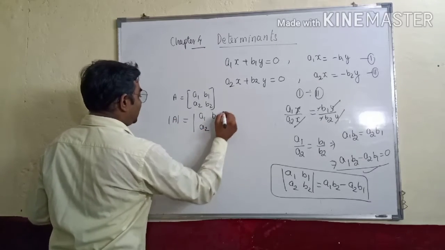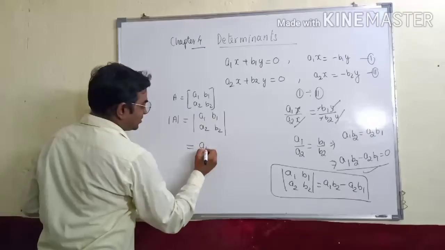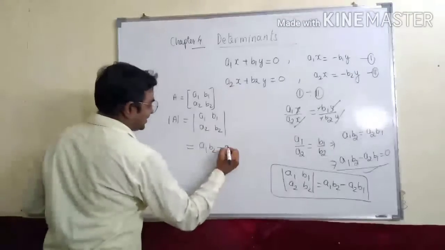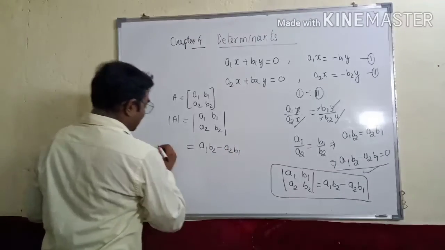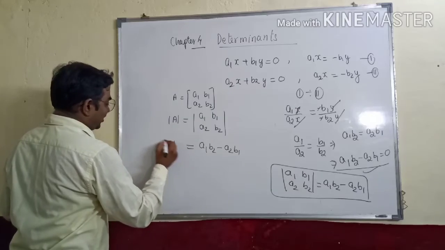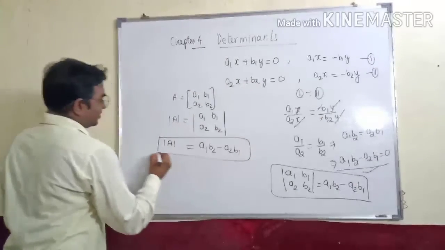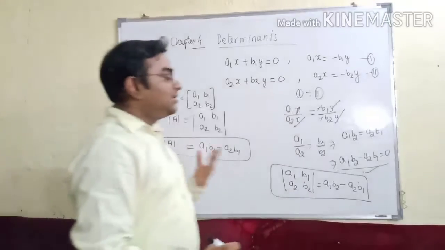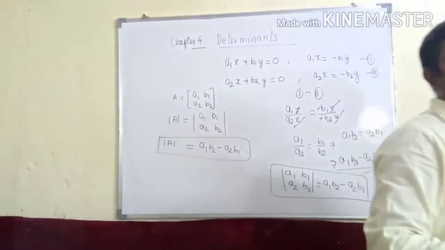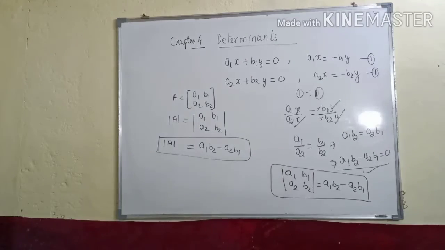Here we will go for cross product. So a1 b2 minus a2 b1 will be the solution. So determinant of A will be in this way. Now you can understand, if you go for any determinant, you will find the value this way. This is the way where we can complete the terms.